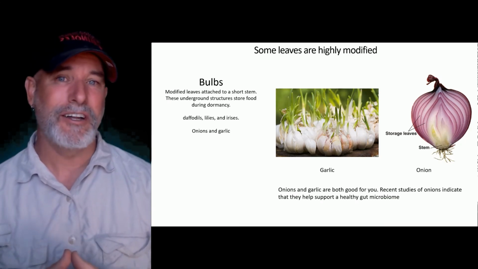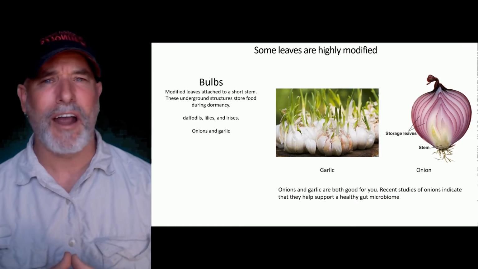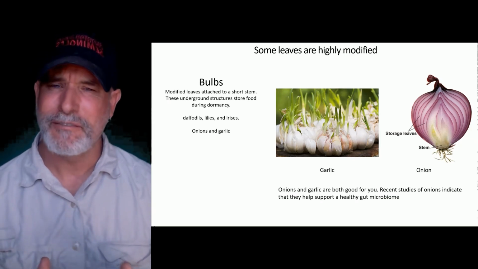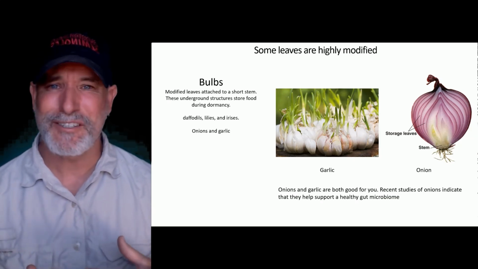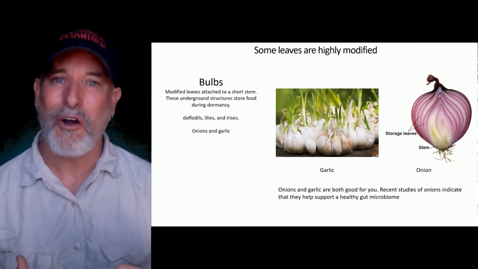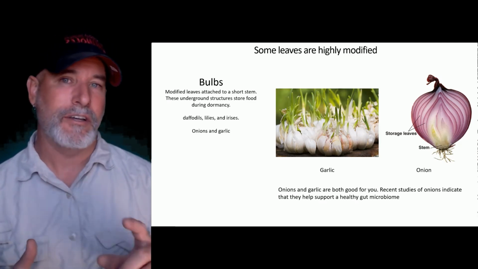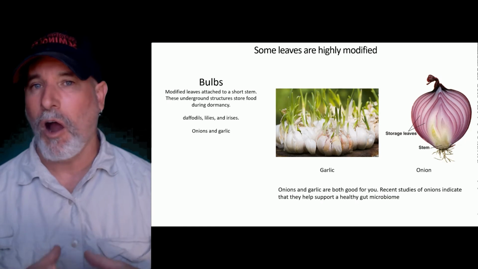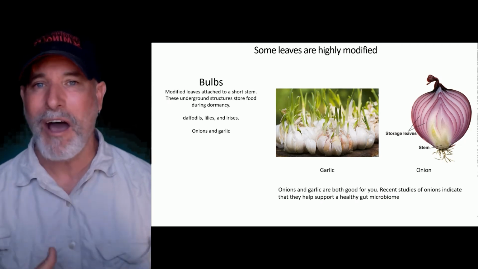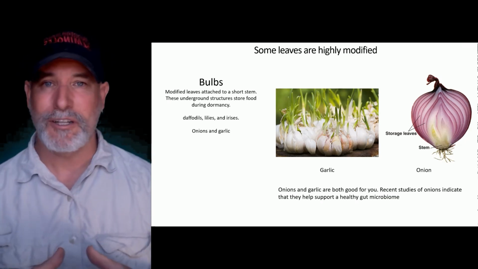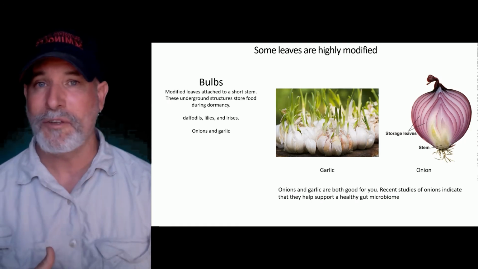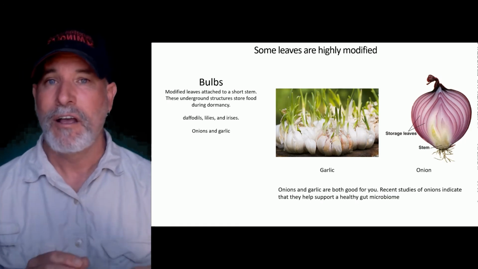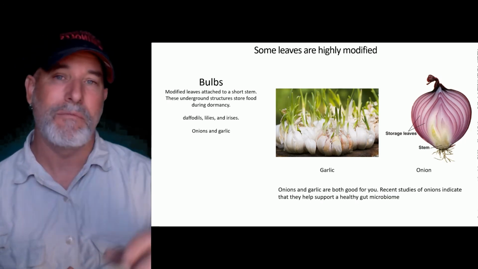Well, if you're eating an onion, I think Shrek called himself an onion. We have layers. Those layers are leaves. Onions and garlic and other bulbs are underground leaves modified for storage. So a lot of these plants will go into a dormant state, and when the spring comes around, they'll send up a new plant from the bulb.